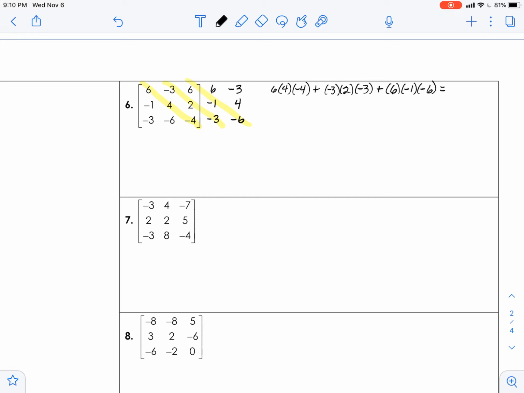Okay, so again, let's just add this all up. Negative 96, 18, 36, which is negative 42. Okay. And then we're going to do the other one. Get my other color there.